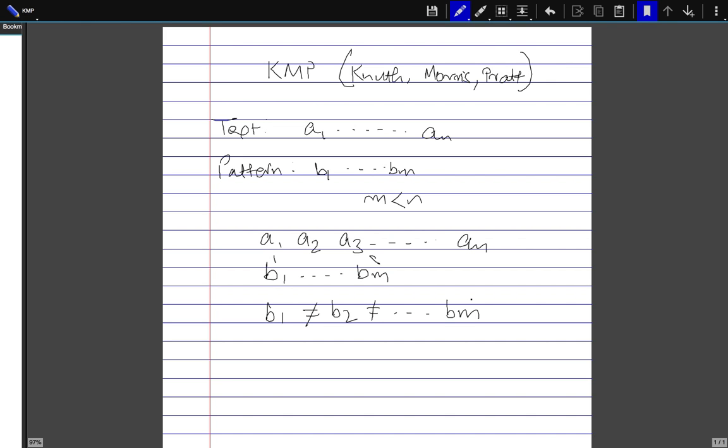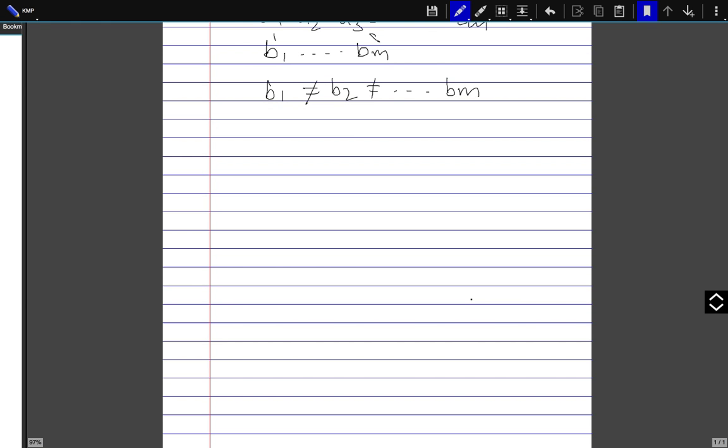Let's take two new strings and try to figure out a solution. Say we have a text, like we discussed, A1, A2 till AN, and we have a pattern B1, B2 till BM.